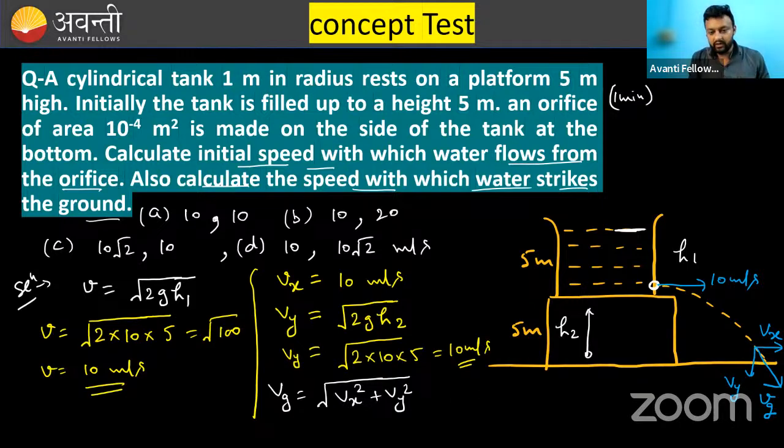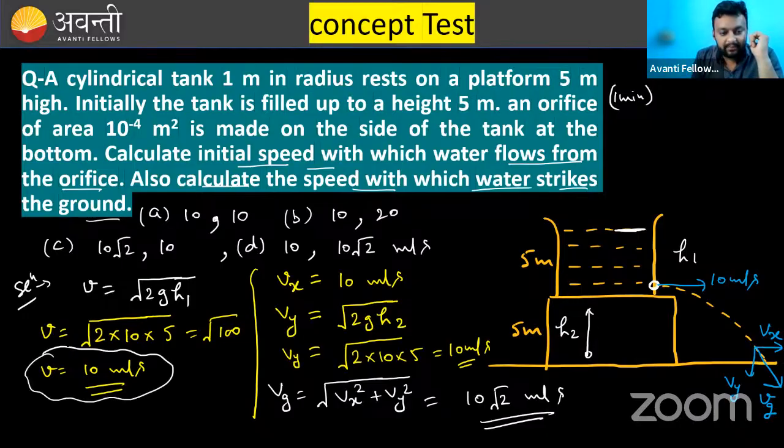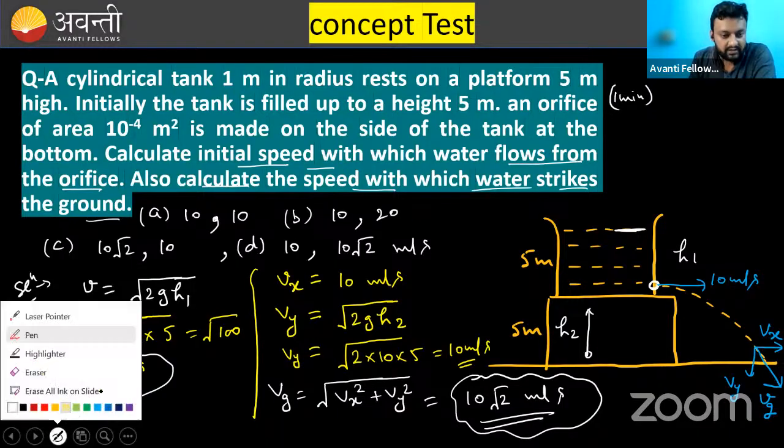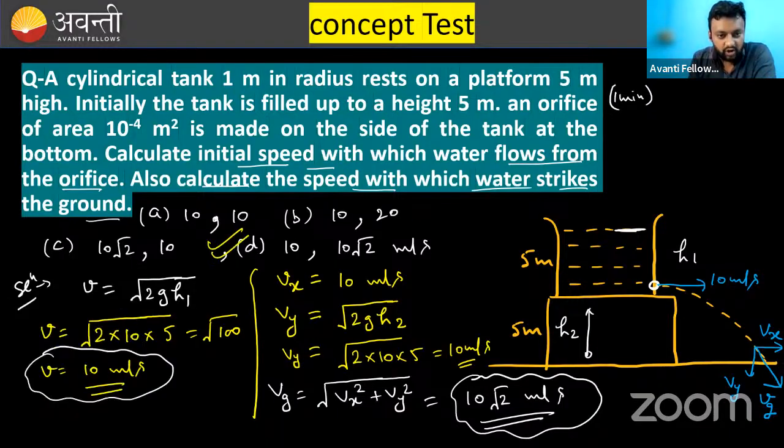So if you solve it out, it will be 10 root 2 meters per second. So what are the two answers? First answer is 10 meters per second, and second answer is 10 root 2 meters per second. And both these answers, if I see, then option 4, option D, is the correct answer: 10 and 10 root 2 meters per second. I think it is clear.